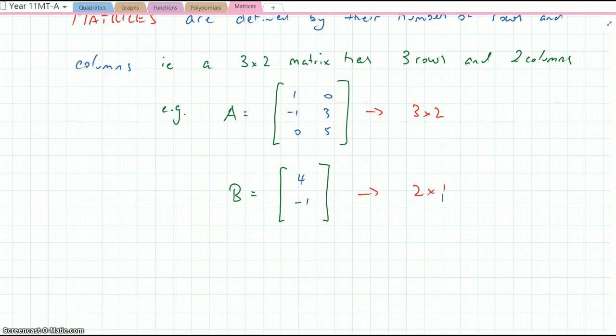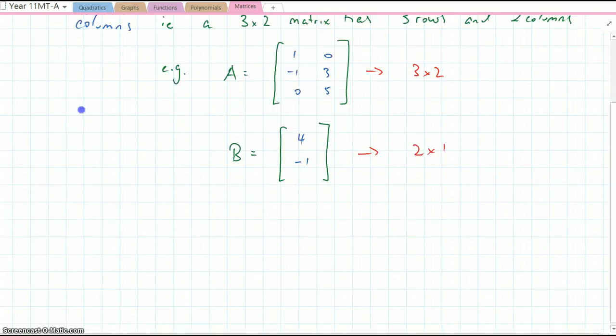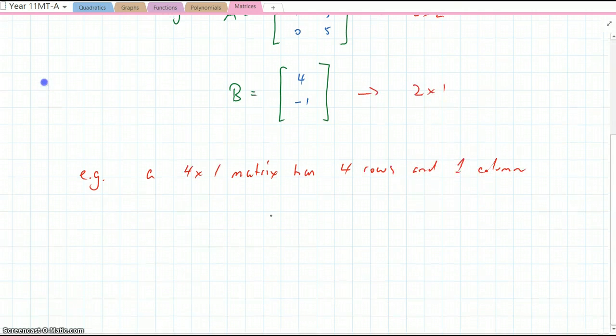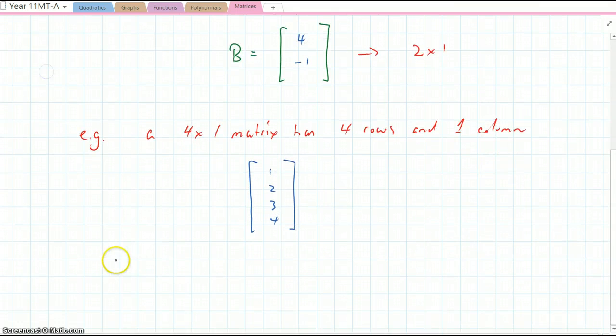Another example: a 4 by 1 matrix has 4 rows and 1 column. So what will that look like? It's got 4 rows, just 1 column, so it'll just be 1, 2, 3, 4, like that. Let's have a look at another example.